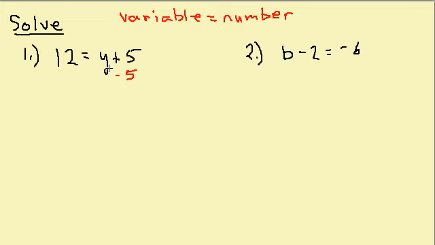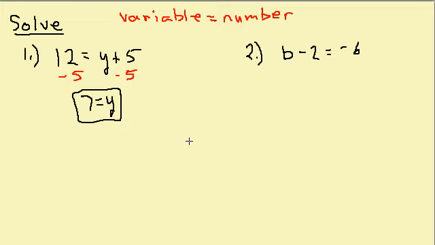But whenever you're solving an equation, whatever you do to one side, you have to do to the other. So that means we'll have to subtract 5 from the other side also. So now this leaves us with y equals, and then 12 minus 5 gives us 7. Okay? And there's your answer.